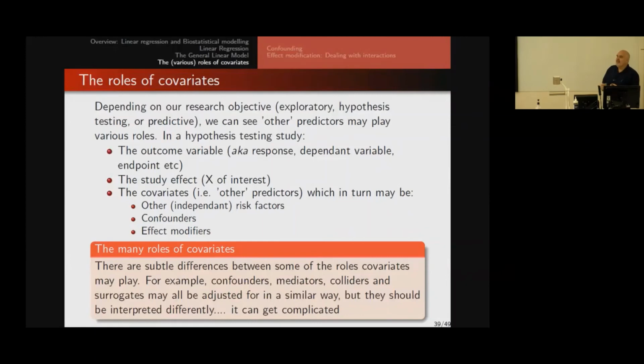One, they can just be another independent risk factor, okay? So they are not correlated with my X variables. There's no confounding relationship. There's no effect modification. They are just another important predictor, okay? Another role they can have is they can be a confounder, okay?